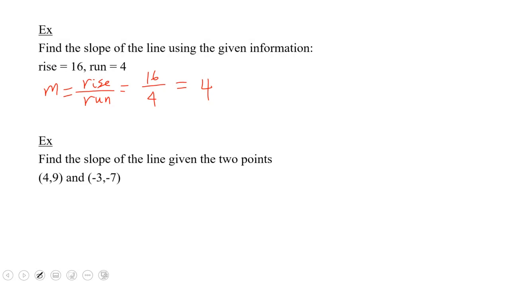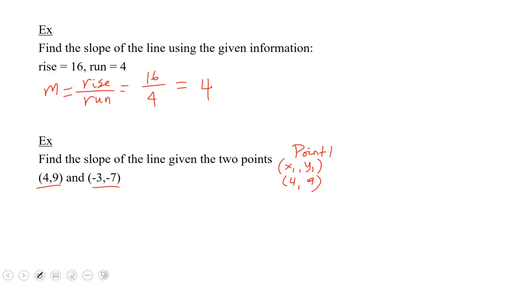Now, if you are given two points, this is what you have to do. You have to designate which one is point 1 and which one is point 2. If you are given two points like (4, 9) and (negative 3, negative 7), I would say point 1 is the first one. That means x1 and y1 are 4, 9.